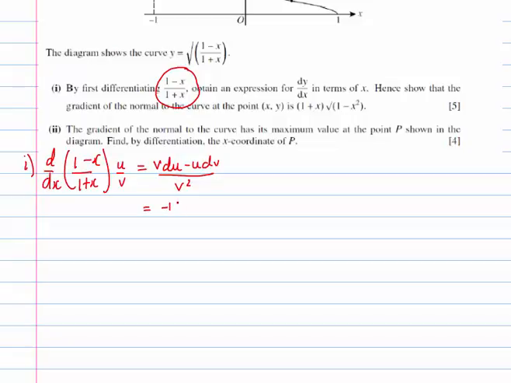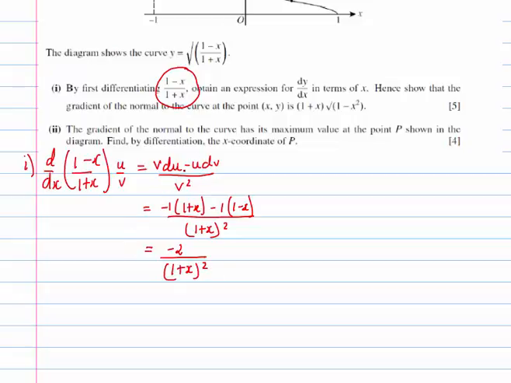So it becomes minus 1 multiplied by 1 plus x, minus my u, which is 1 minus x, and my dv is 1, so it's 1 multiplied by 1 minus x, and this is all over v squared. v squared is 1 plus x all squared. If you simplify the numerator, you will get minus 2 all over 1 plus x all squared.